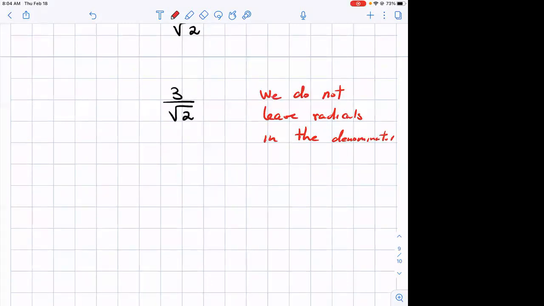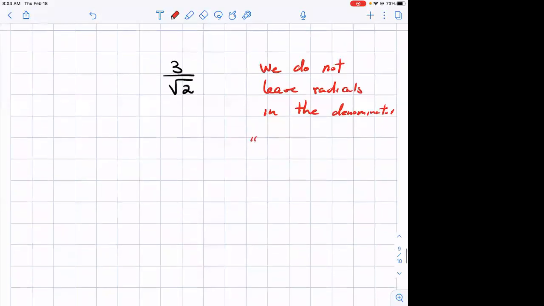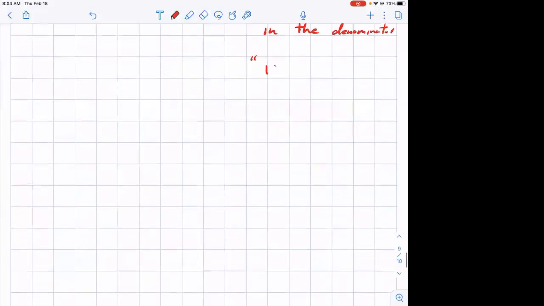So what we do, we say we rationalize, we must rationalize the denominator.